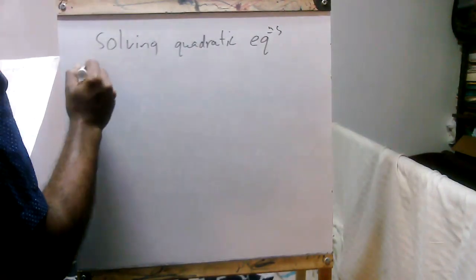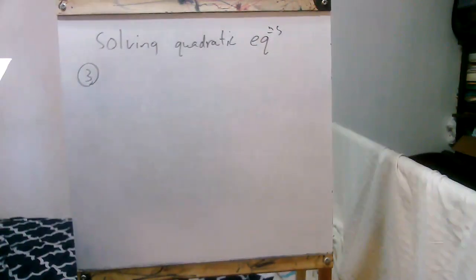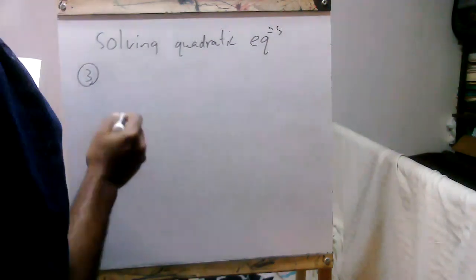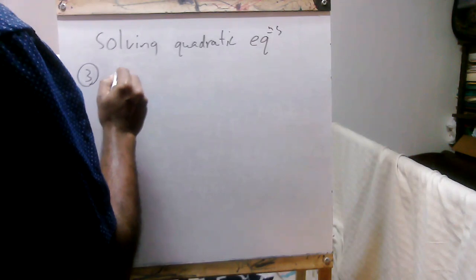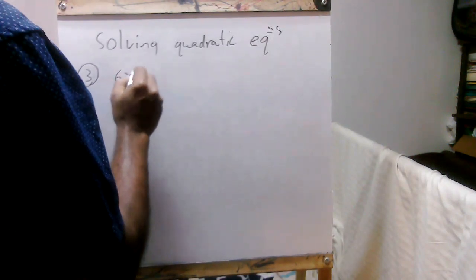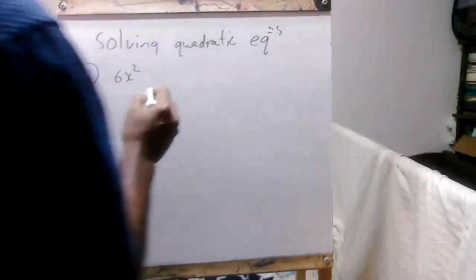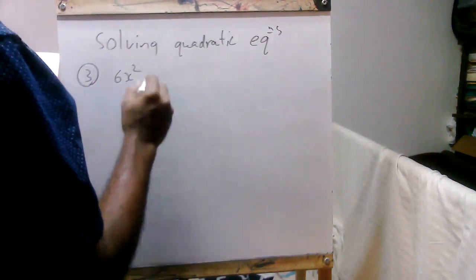Third type. Okay, if you have a quadratic equation like this, 6x squared minus 7x minus 3.